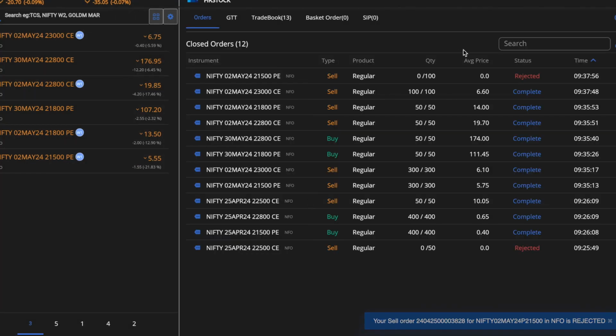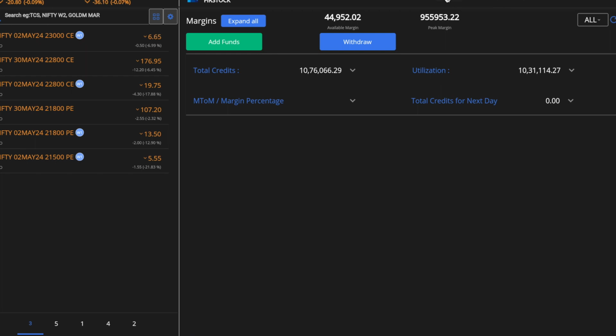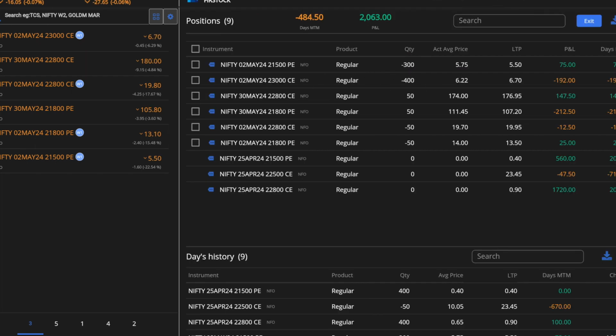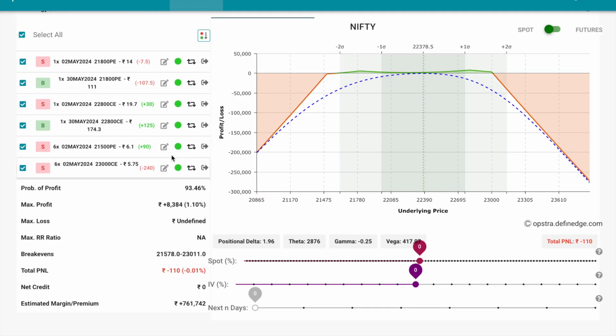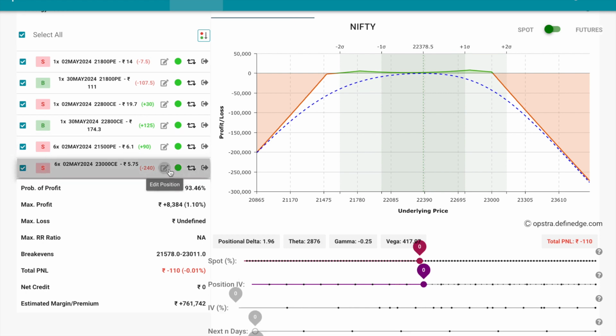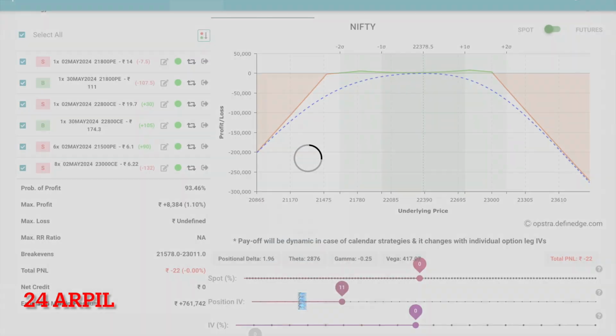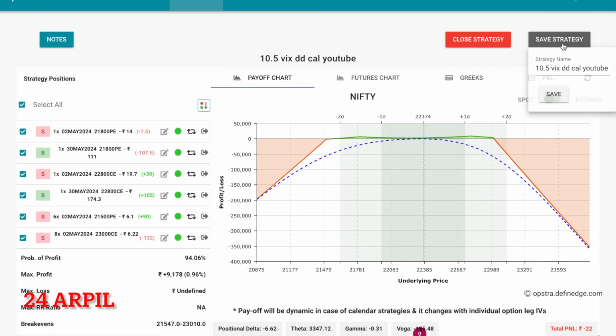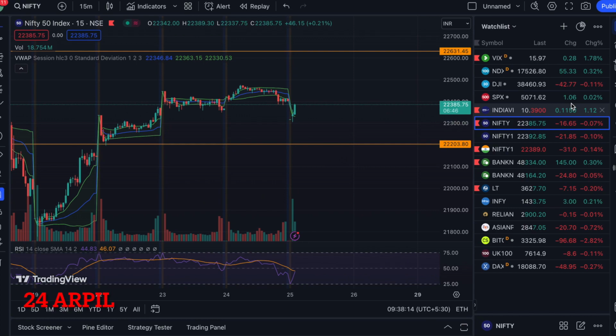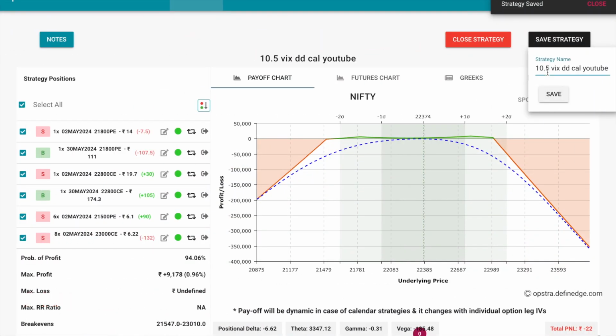Limit rejected. Okay, we will not add here, we'll keep it at CE only. So 6.22 we are getting at CE. We have adjusted this at 6.22, and modification done. Save the strategy. India VIX is 10.39, 10.4.